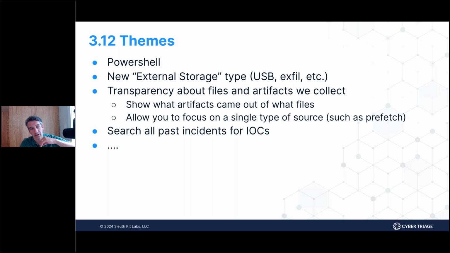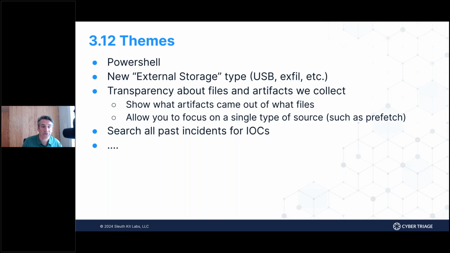Another theme that we're adding in here is searching past incidents. We've been adding more and more search capabilities into Cyber Triage. A couple releases ago, we added the ability to search across hosts at an incident level. 3.12 is going to add searching all past incidents, right? So if you get that MD5 or that SHA-256 or that IP address from IOCs, and you're trying to figure out, hey, did I ever see that SHA-256 in my past incidents?